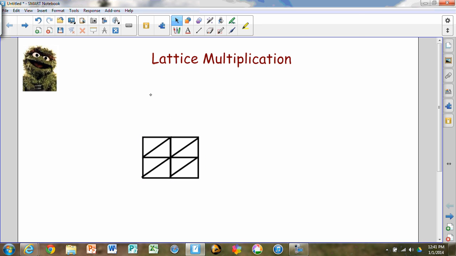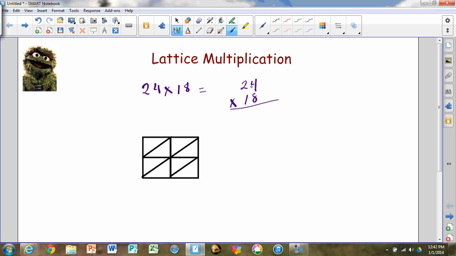Let's start with an easy problem. Let's say we had 24 times 18. We'll keep it simple. Traditionally, we would write this multiplication problem with the 18 down below the 24. We'd multiply 4 times 8, which would give us 32.